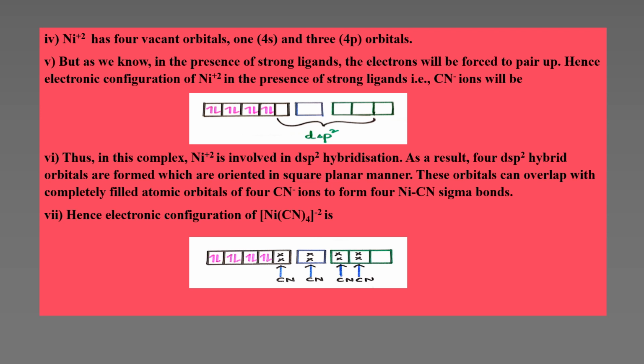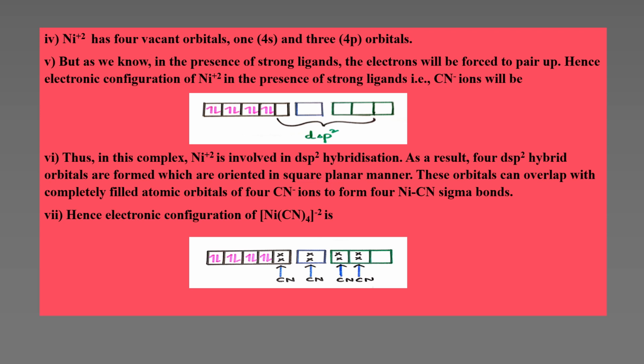What does it mean? 4 d-sp2 hybrid orbitals are formed and they are oriented in a square planar manner.